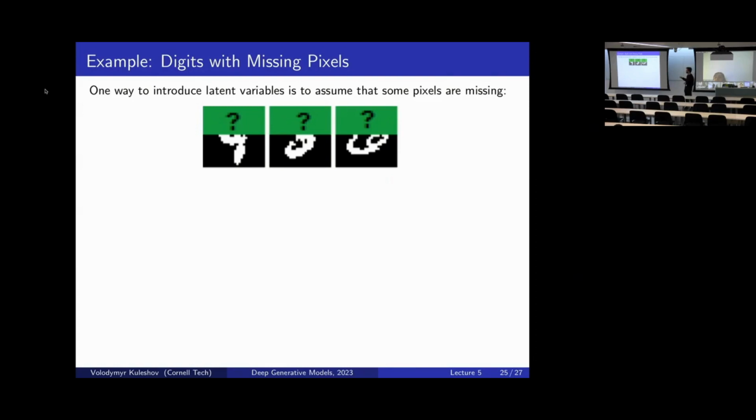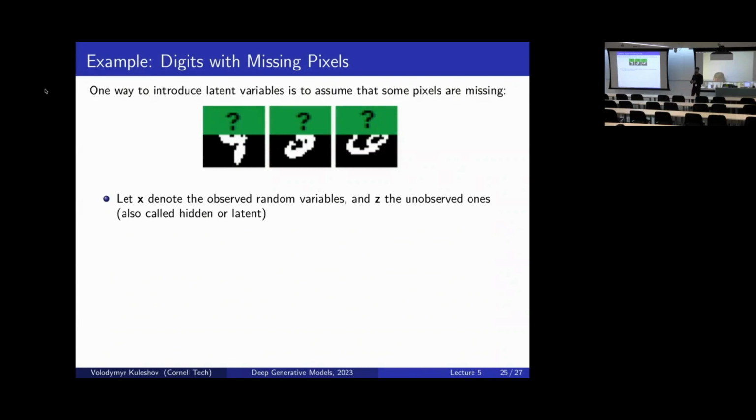So in our training set, we only see the bottom parts. We never see the red parts. X will denote the bottom pixels, and the top pixels are going to be Z. So now the missing pixels, you can think of them as being latent variables here. I just created a latent variable task out of MNIST.